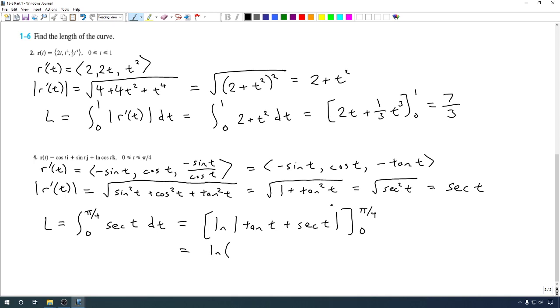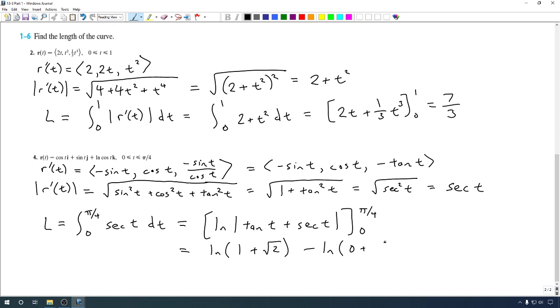So natural logarithm of tangent of pi over 4. Tangent of pi over 4 is 1. Secant of pi over 4, remember cosine of pi over 4 is square root of 2 over 2. Secant is 1 over cosine. So 1 over square root of 2 over 2 is just square root of 2. Then we subtract the natural logarithm of tangent of 0, which is 0, plus secant of 0.